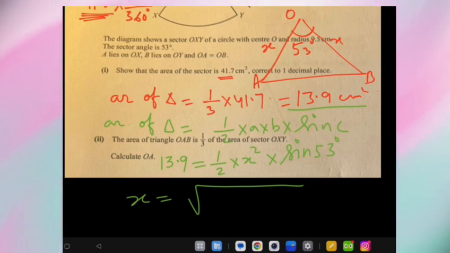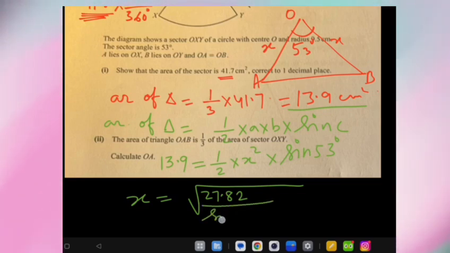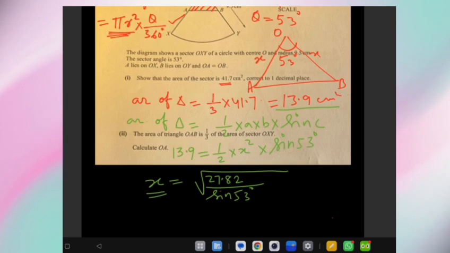So we can write 27.82. Now we have x square, and sin 53 will divide here. So x square is equal to 27.82 divided by sin 53, right?